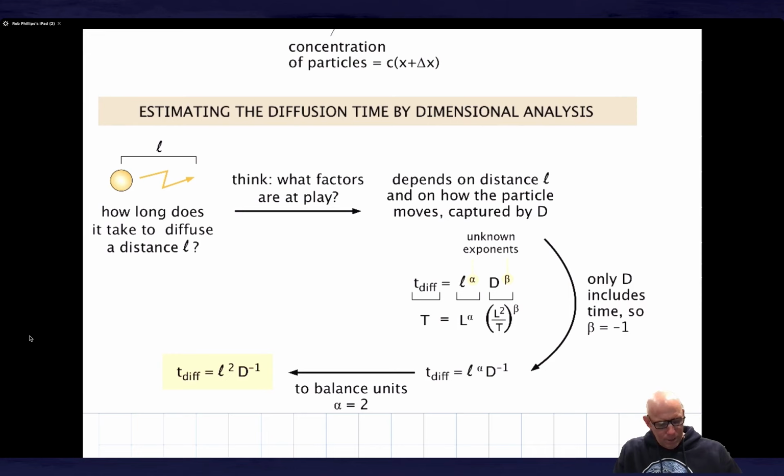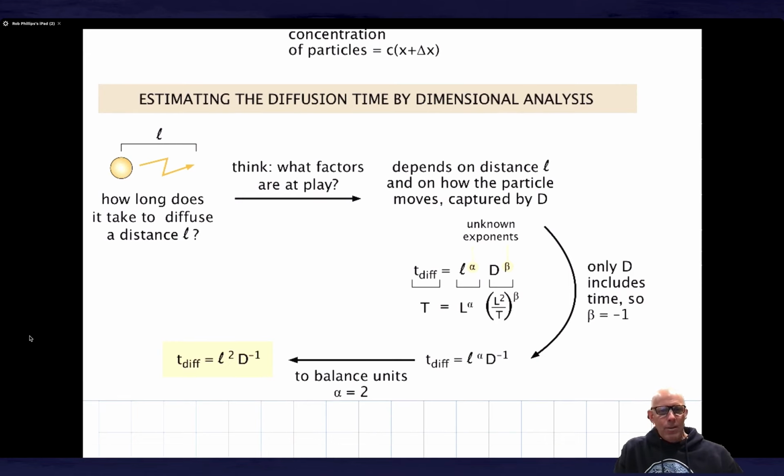So what I'm going to do is write down this scaling relationship. I think that the diffusion time, that's a time, so the units here are time, should be a function of, and I'm going to write it this way, the distance to some power that I don't know yet, and then the diffusion coefficient to some power that I also don't know yet.